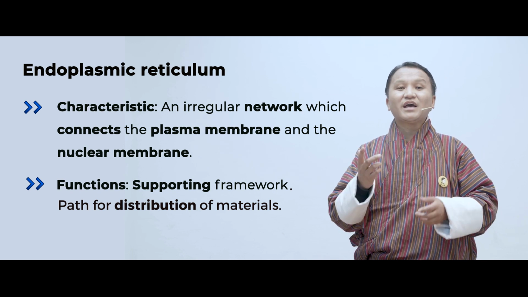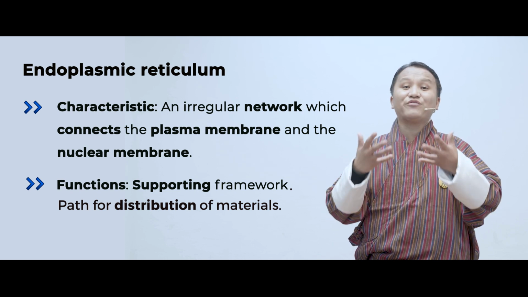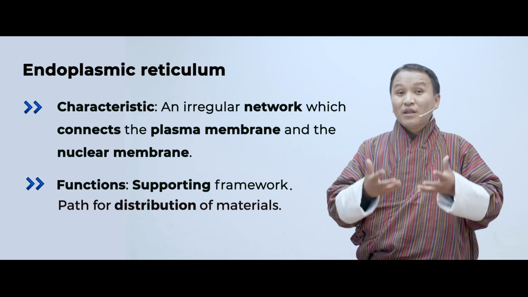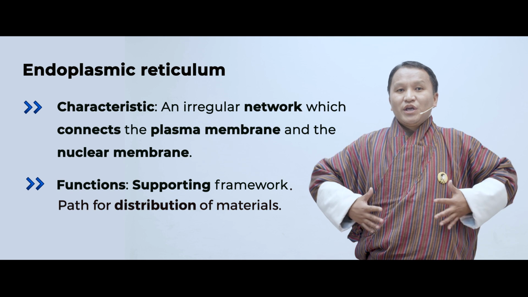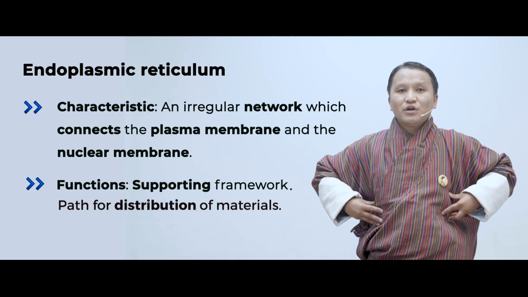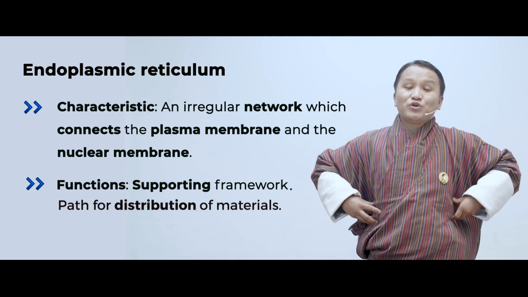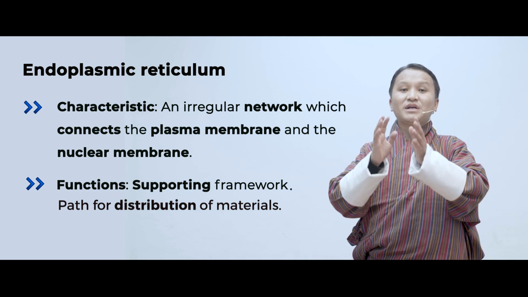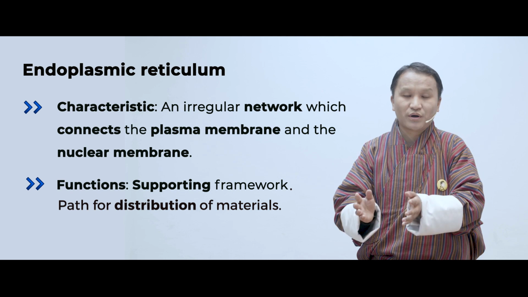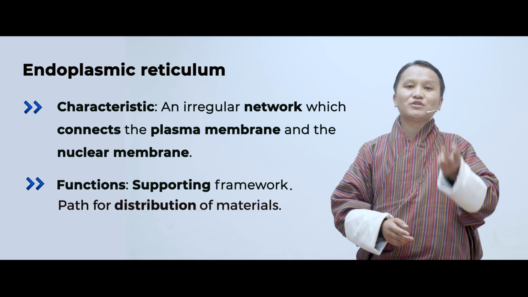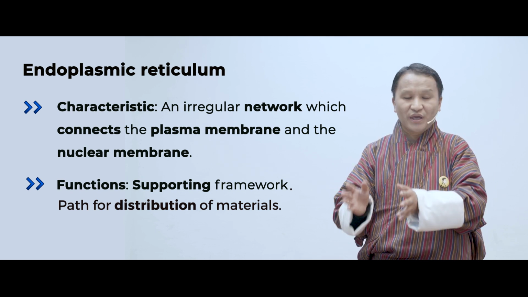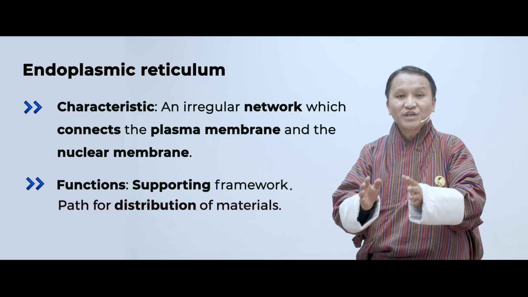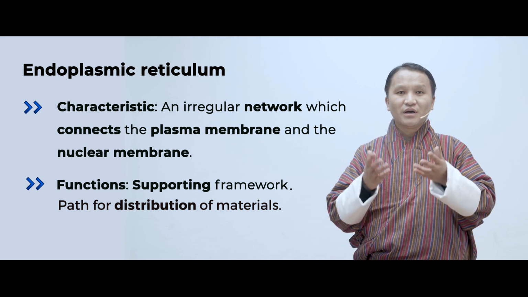One, it acts as a supporting framework for the cell. When we say supporting framework, if you place your hand here and feel, you will find your ribs supporting your body. In the same manner, the endoplasmic reticulum does the supporting work. Further, it also acts as a pathway through which materials can travel in the cell.